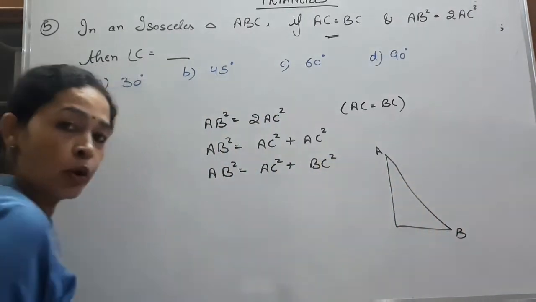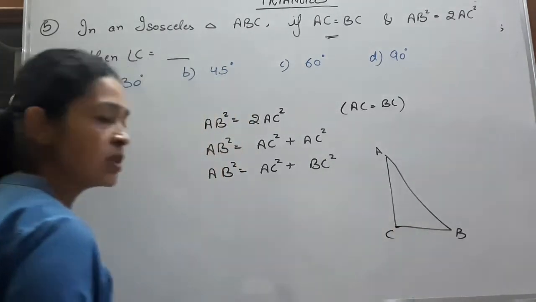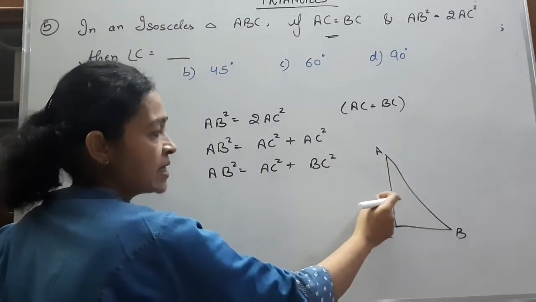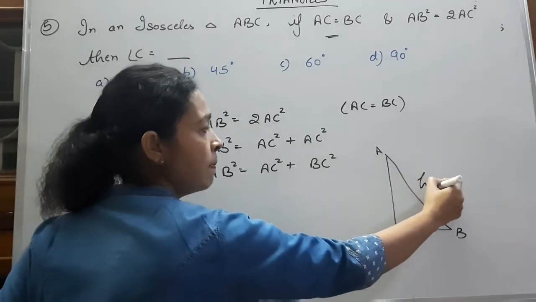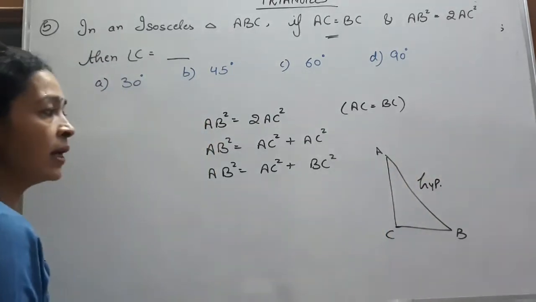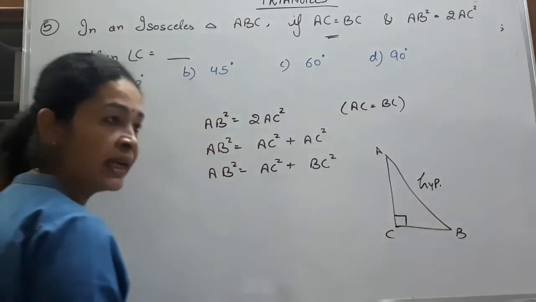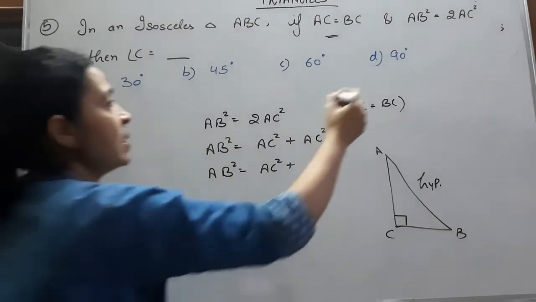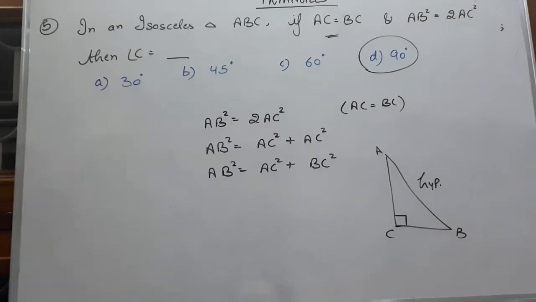So AB must be hypotenuse and this vertex must be C. Now we have AB squared equals AC squared plus BC squared, so this angle must be 90 degrees. So which option is correct? Angle C must be equal to 90 degrees. So option D is our correct option.